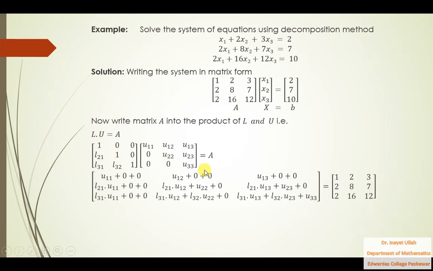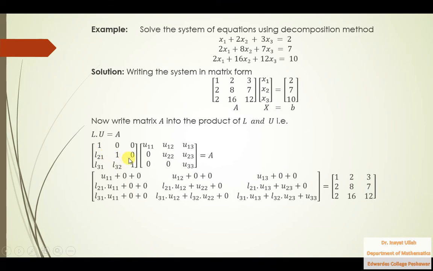Now the first row multiplied with the third column: 1 into U13 is U13, plus 0 into U23 is 0, plus 0 into U33 is 0. So that is the product of the first row with the first, second and third columns.